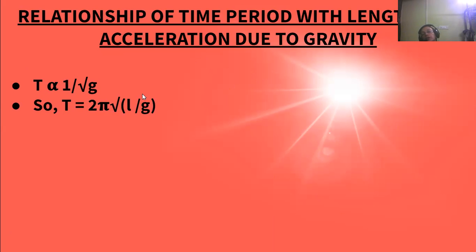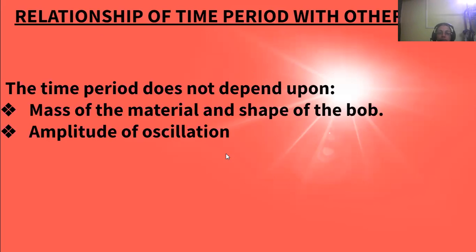So in combination of the two, we make it directly proportional, take the constant as 2 pi. So T is equal to 2 pi root over L by g. That is the derivation.